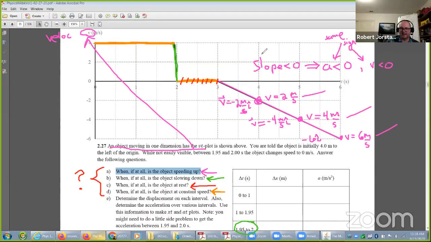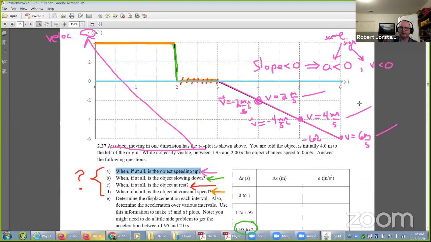Here's another way to think about it. As crazy as this sounds, give me a second here. That light blue line that I just drew is the time axis. Everything that we're talking about here only applies to a VT plot.